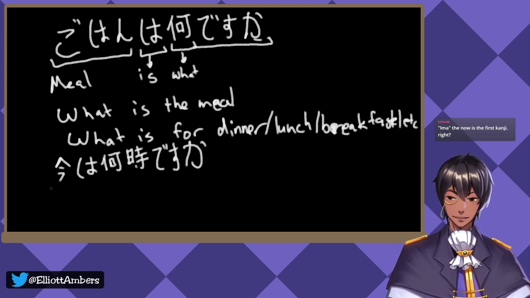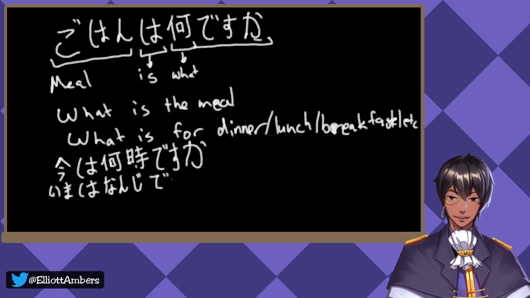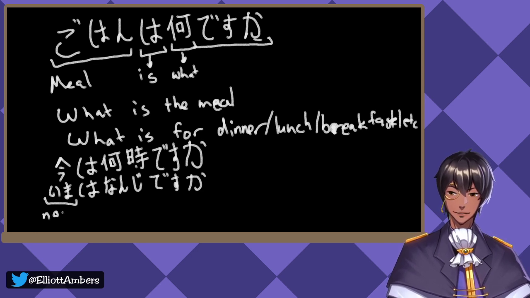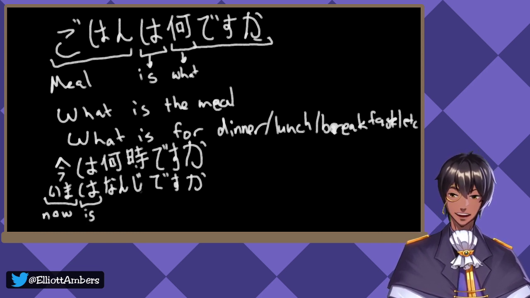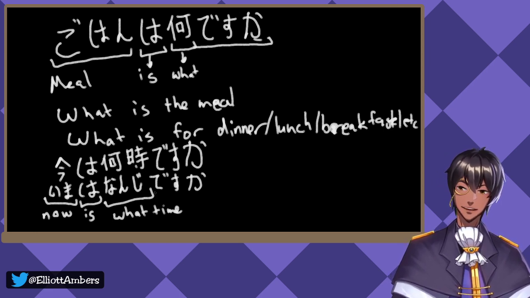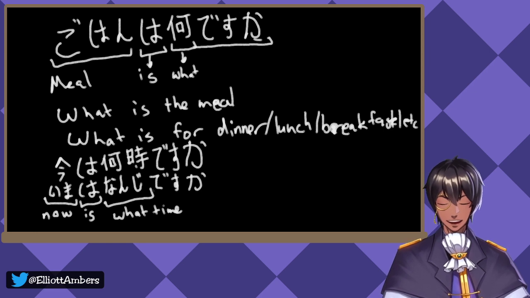This says Ima wa nanji, and the translation of this would be following. Ima means now. Again, wa, that is. Nanji refers specifically to what time. So the sentence here, Ima wa nanji desu ka, would be asking someone, what time is it?